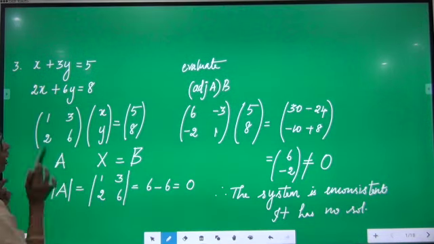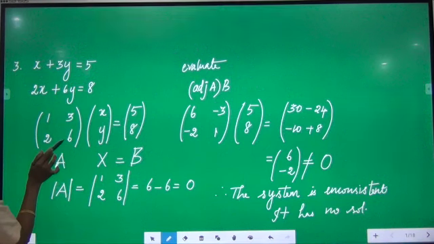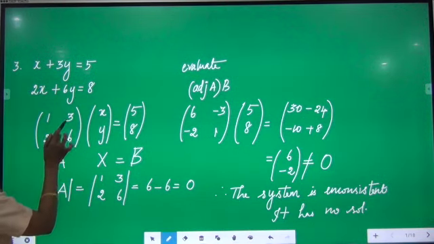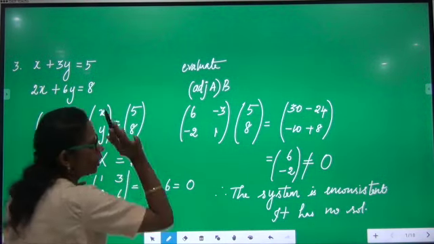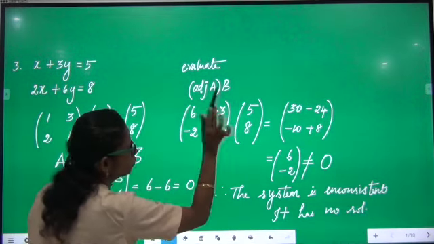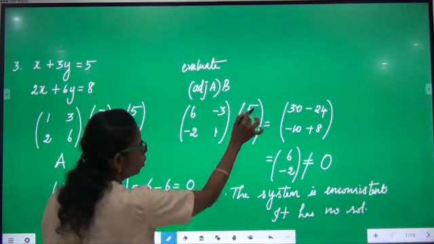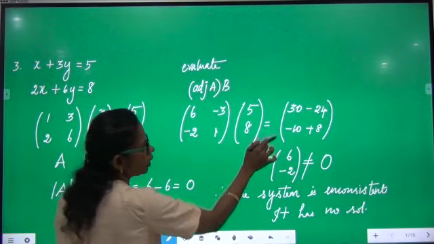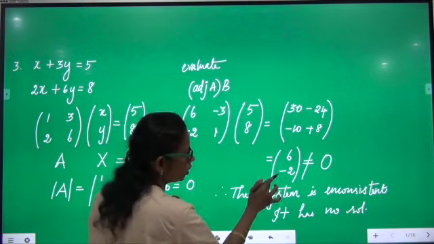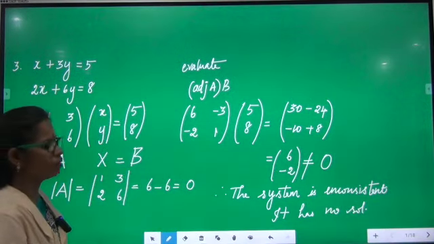Here it is a 2 by 2 matrix. For the adjoint of A, you have to interchange the main diagonal entries and change the sign of the subdiagonal entries, then multiply by B. You multiply the first row, first column, that is one column only. Right. Next, second row, first column. You arrive at 6 minus 2. Definitely it is not equal to 0.